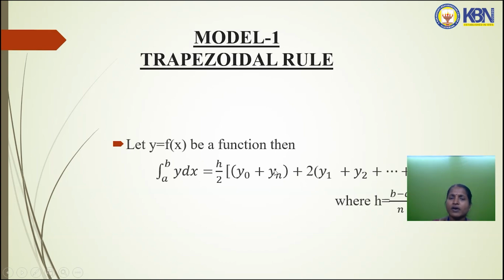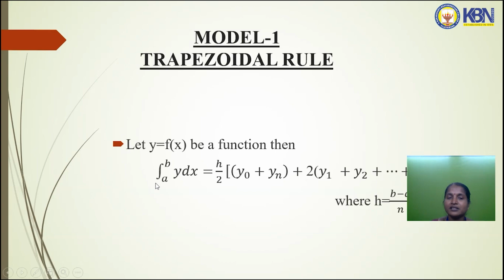First we have to consider the first value and the last value, y0 plus yn, plus 2 into the rest of the values y1 plus y2 and so on yn minus 1.